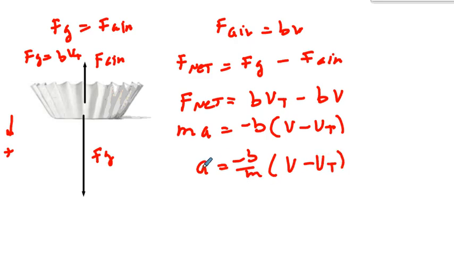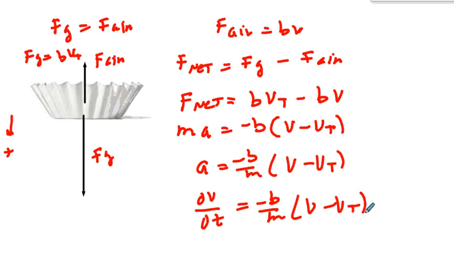Now I'm going to need to integrate, but I don't have a differential expression yet. a, I know, is a differential of dv over dt. And that, of course, equals minus b over m times v minus vt. That, of course, is still not integrable yet. I need to get all my variables on the same side.